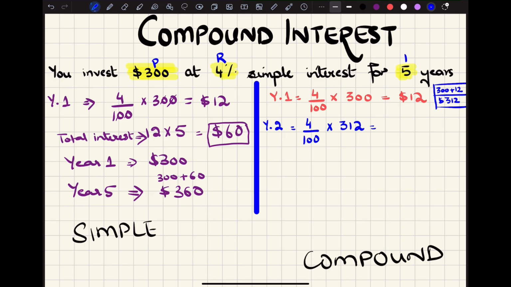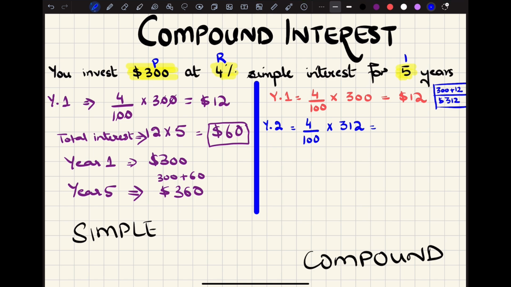So at the start of the year, we had $300 in our account. We earned 4% interest on it, which amounts to $12. So at the end of year one, you will have 300 plus the interest amount earned, which is $12. So 300 plus 12, you're going to have $312 at the end of year one.